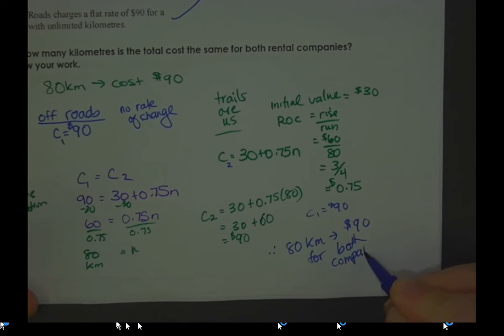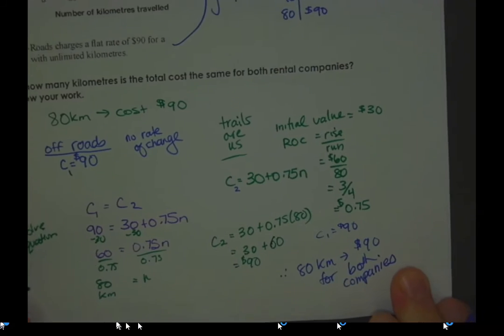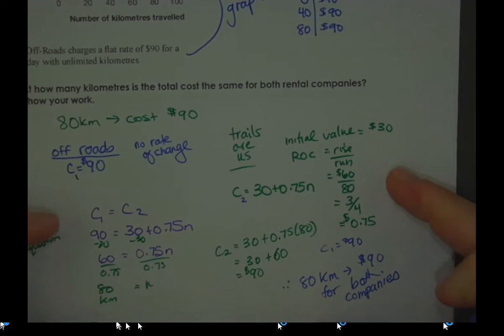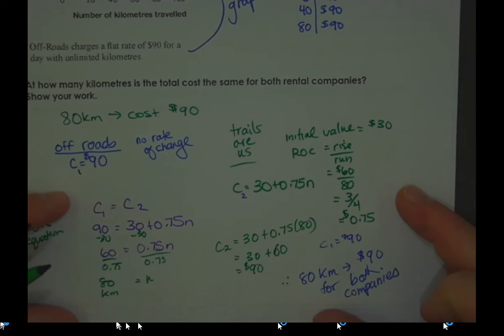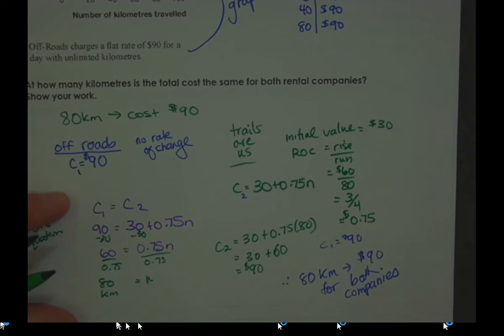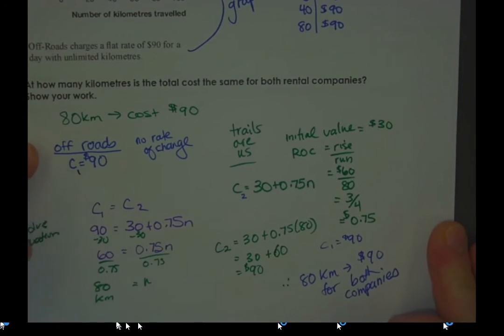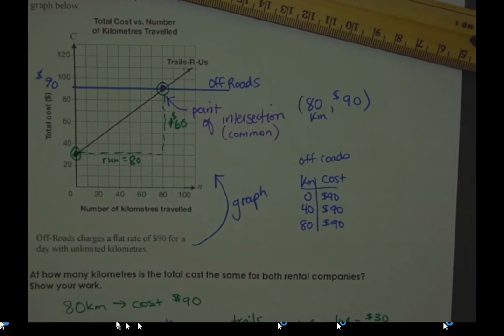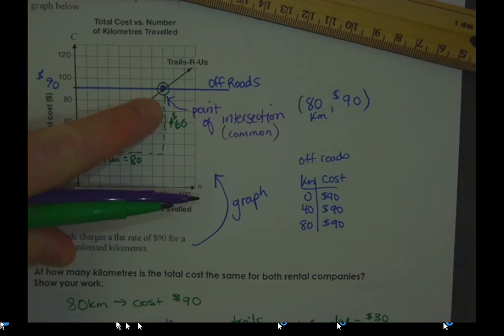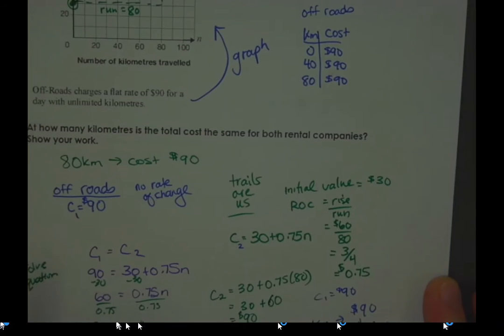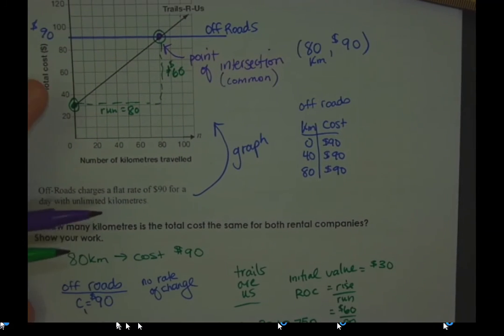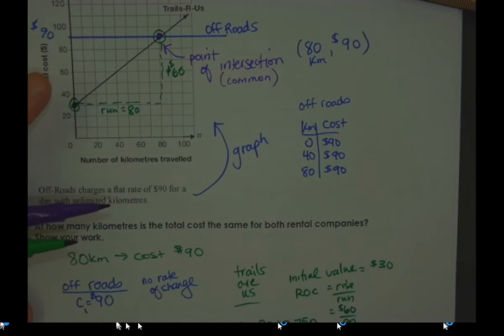All right. So for the purpose of learning in this class, okay, this probably wasn't necessary. But I wanted to show you that because this is going to lead into grade 10, but it makes the connection from the stuff you did in grade 9. So if you were trying to compare when two things are the same, we find the point of intersection. And we can find the point of intersection to see where the two lines cross.